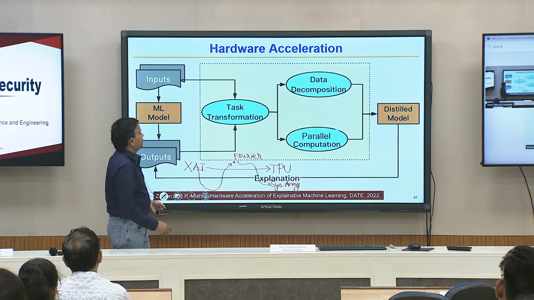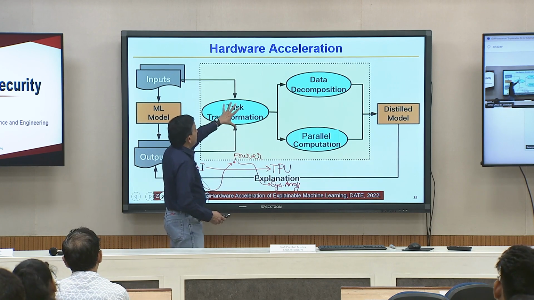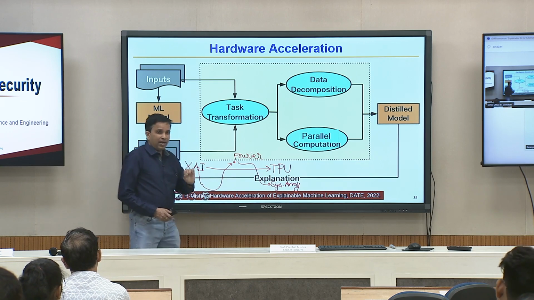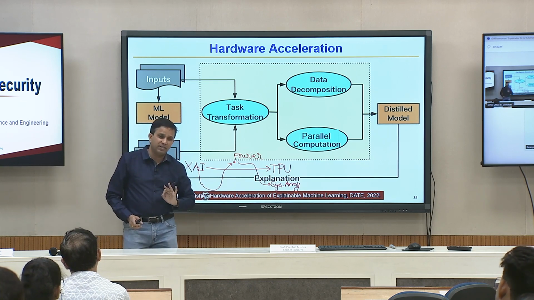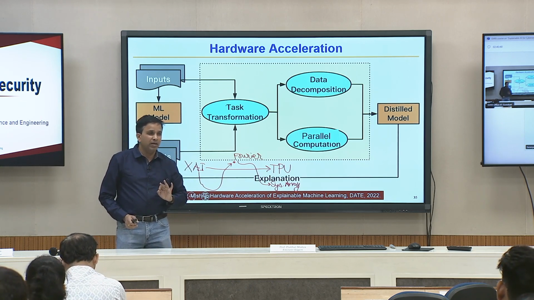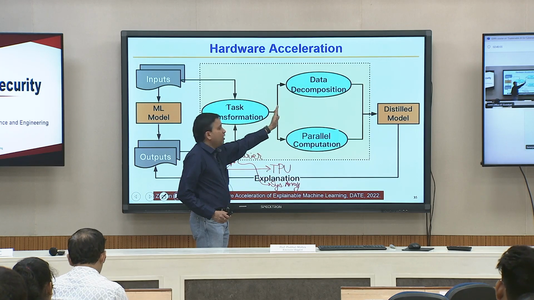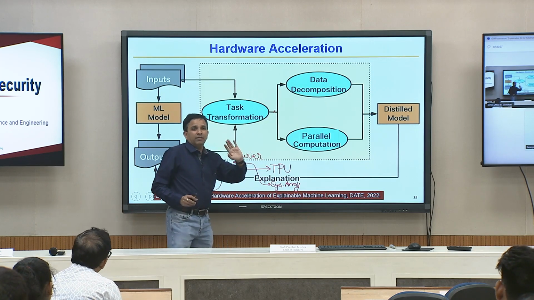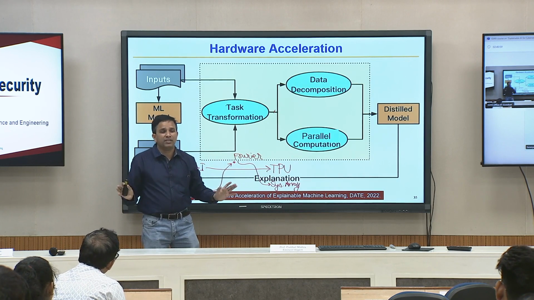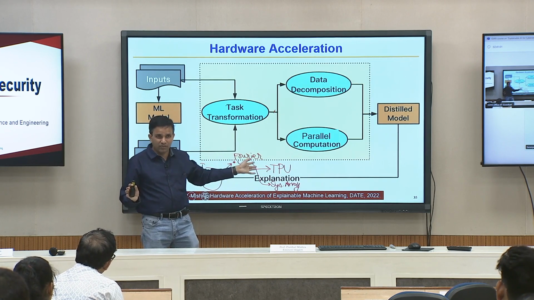Data decomposition and task transformation is basically you are taking an explainable AI algorithm and converting it into a matrix multiplication algorithm, that is it. If you are standing at this point, you actually do not know whether it came from an AI algorithm somewhere else. All you see here is a bunch of matrices and you are doing multiplication of them, and that is what you call task transformation.